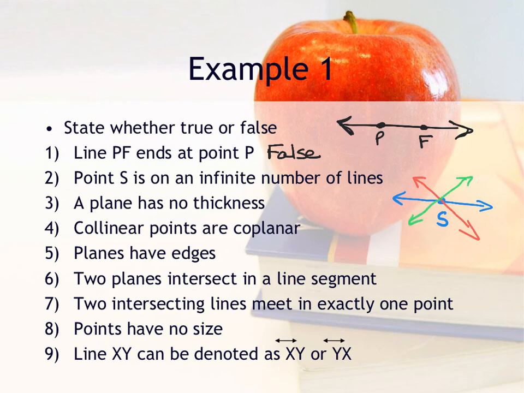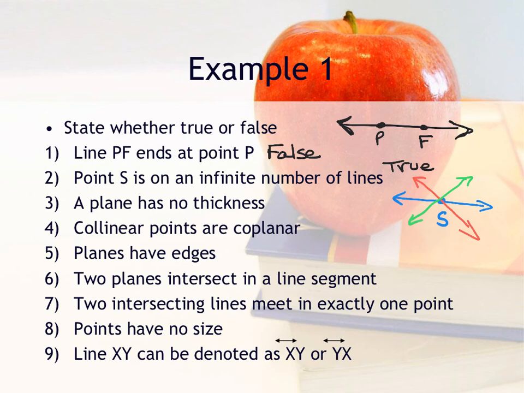Now, obviously, I can't draw an infinite number of lines, but just know that this is true. You could go in diagonally, you could go straight across. Even though you couldn't actually draw an infinite number of lines on your paper, there is an infinite number of lines that go through any point.